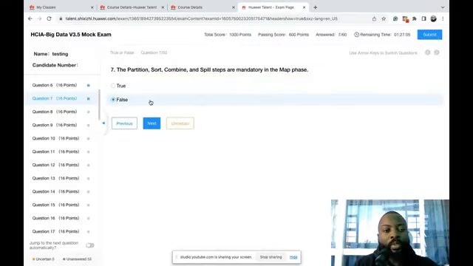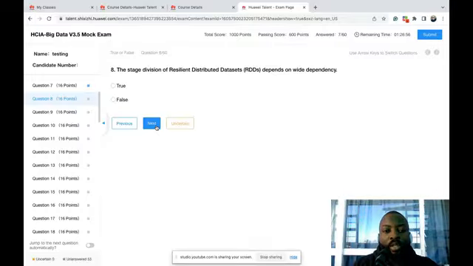No. Let's see. The stage division of resilient distributed datasets depends on wide dependency. Yeah, that is true.